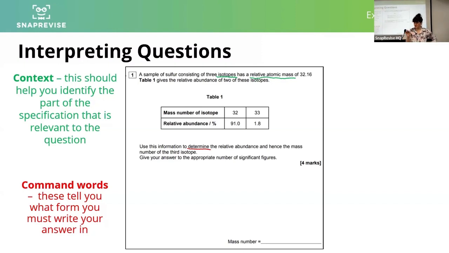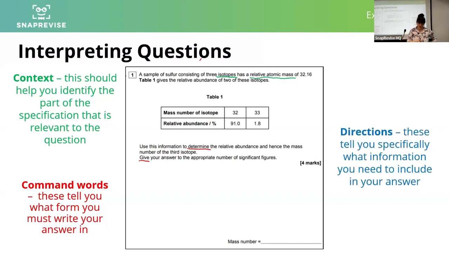Determine is a very specific keyword, and then give your answer to the appropriate number of significant figures. Those are our command words. They are telling us what form we must write the answer in. Once I've got that, with determine, I know I'm looking to use the information that's been given to come up with an answer, and then I'm giving a short answer as my final answer.